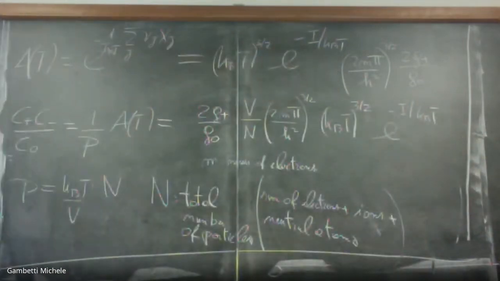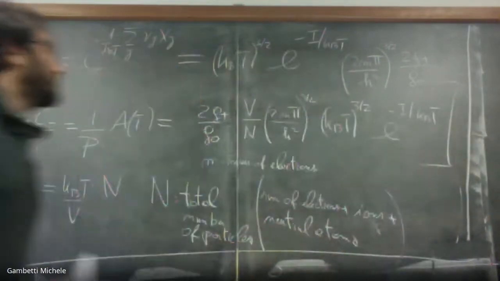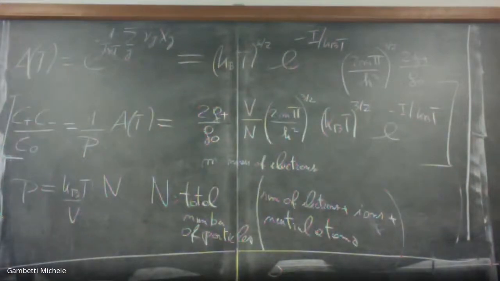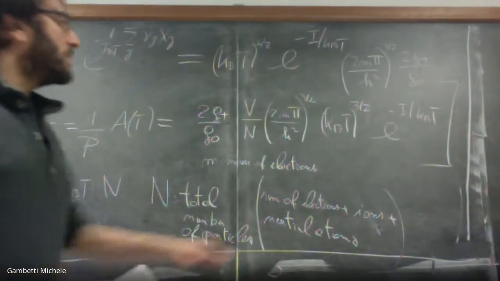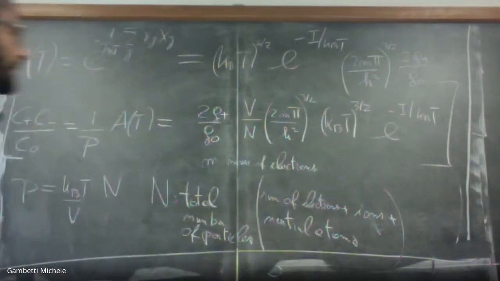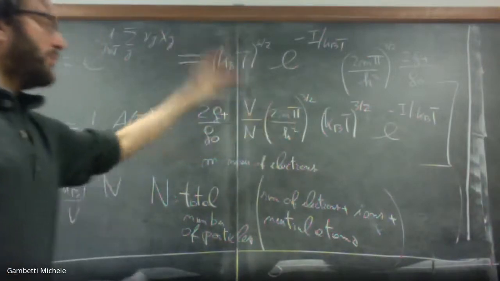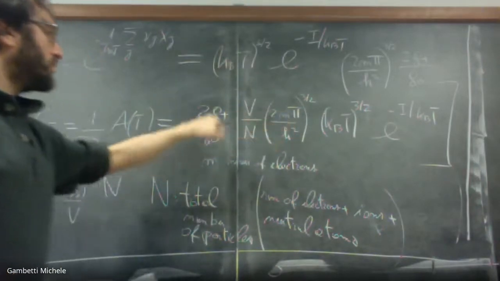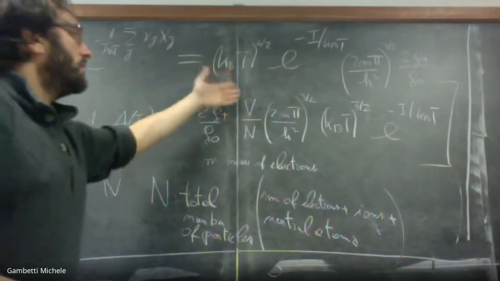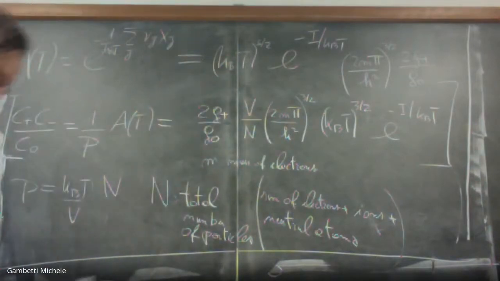So this is the mass action law for the process of ionization, which is written, as you see, in terms of temperature. Of course, the temperature will play a major role. And also you have some other properties of my gas: the mass of the electrons, the degeneracy, the volume, and the total density of the gas.